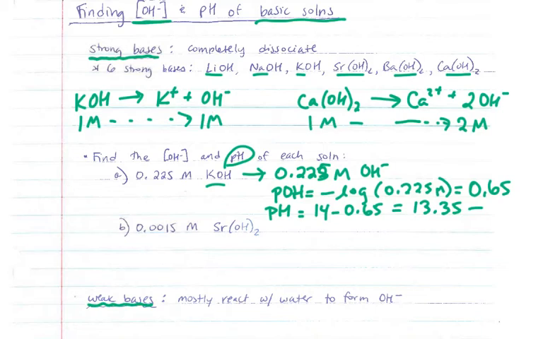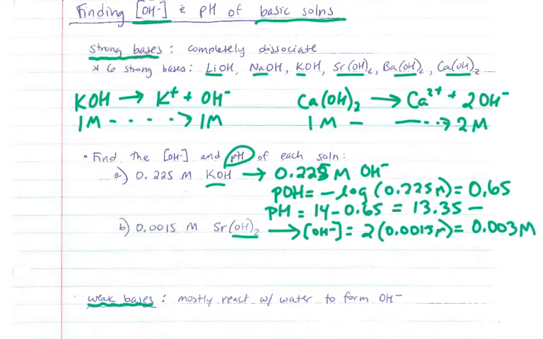For this second one, part B, strontium hydroxide, the concentration of hydroxide in this is going to be 2 times 0.0015 molar because it has 2 hydroxides. So the concentration of hydroxide here is going to be 0.003 molar. So the pOH is the negative log of 0.003, which equals 2.52.